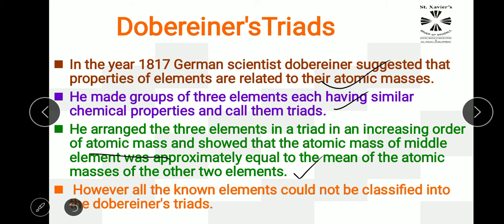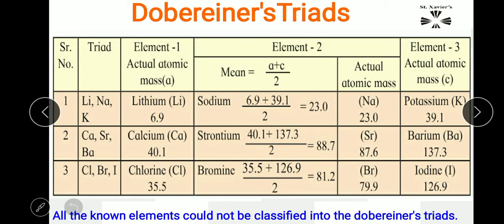However, all the elements could not be classified into Dobereiner triads. He could not classify all the elements, but let's see what Dobereiner's triads looked like.